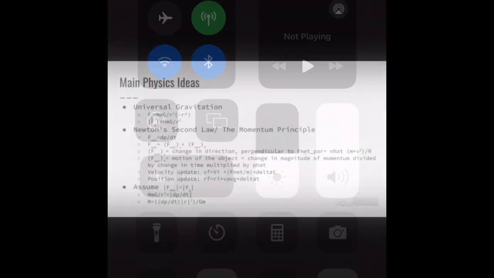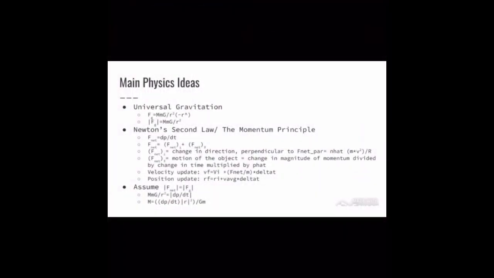So in terms of the fundamental physics ideas that drive this experiment, like stated previously, we have universal gravitation and Newton's second law, the momentum principle. I also made a point to show the perpendicular and parallel components, which is relevant because of the circular motion that we're studying today.